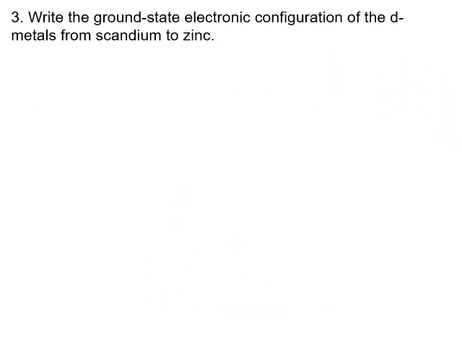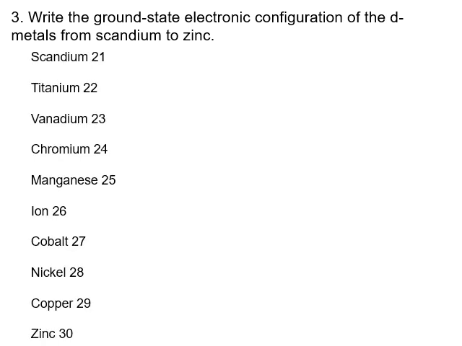Question number 3. Write the ground state electronic configuration of d metals from scandium to zinc. As I mentioned in class, these transition metals have electrons already filling the first row, the second row, the third row up to 3p6, and then 4s2, and the additional electrons go to the d orbital.